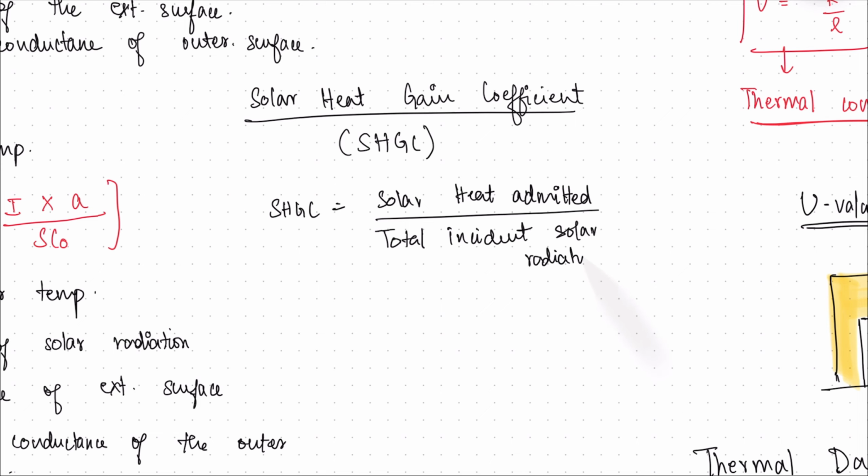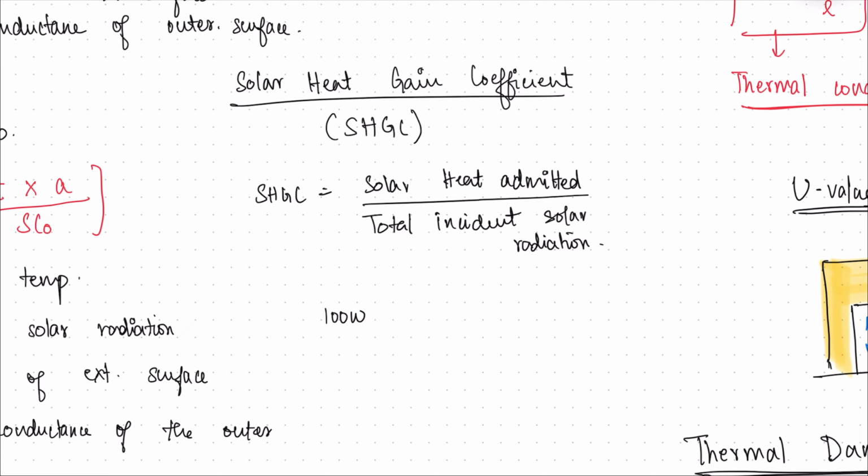Now, let us consider an example. Let us say out of 100 watt of solar radiation that was incident on a surface, only 40 watt is admitted inside. Then what is the solar heat gain coefficient of it? You basically divide it.